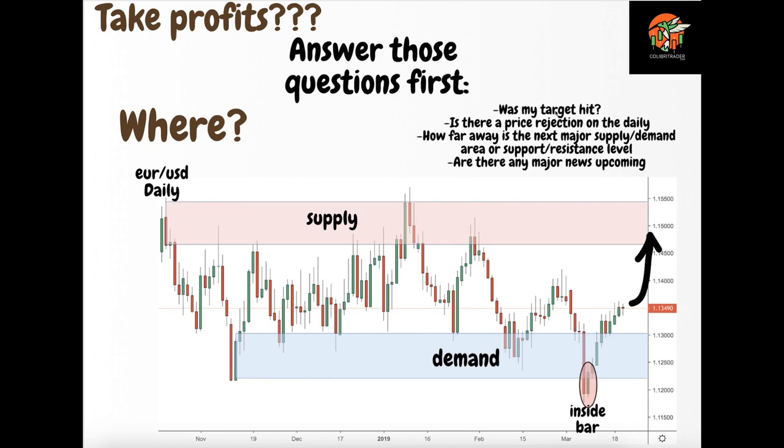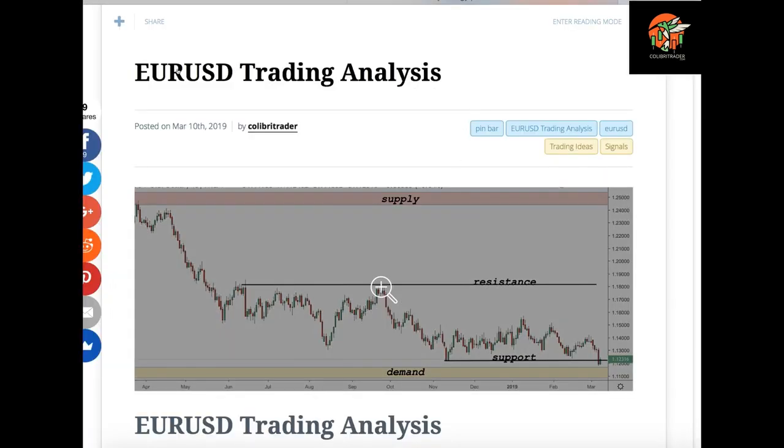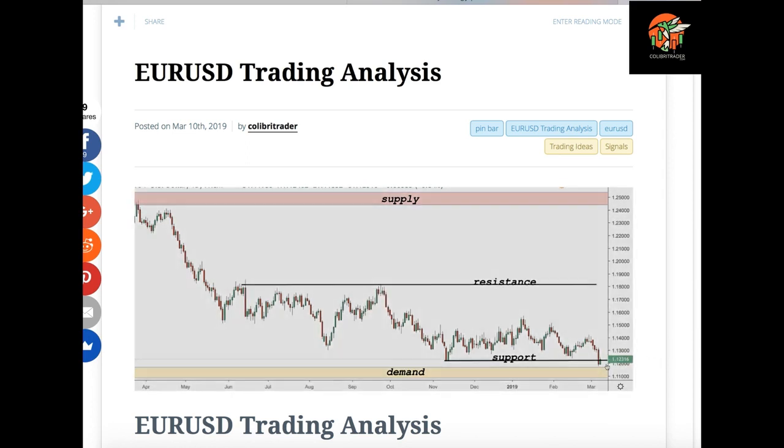So based on that and looking at this chart, I shared with my followers on Colibri Trader on the 10th of March that there was a potential setup that the euro dollar was forming on the daily chart. There was an inside bar on a support level, and you can go to my website and check this post from the 10th of March.